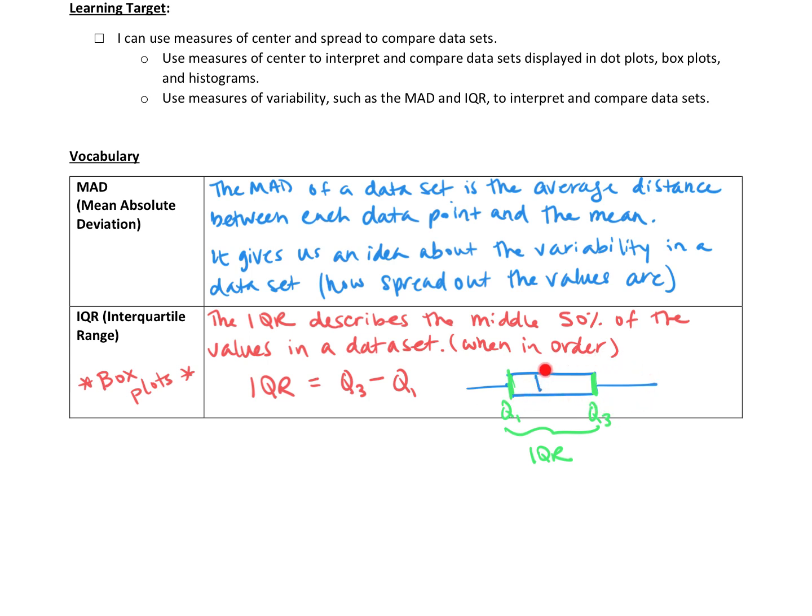Here's the larger 50% of the data, or the upper 50%, I should say. We can see it's a little bit more spread out over here in the upper numbers, and it does divide it into quarters. So here's 25% of the data, 25% of the data, 25% of the data, and 25% of the data. So to go from Q1 to Q3 is the middle 50% of the data when it's in order.